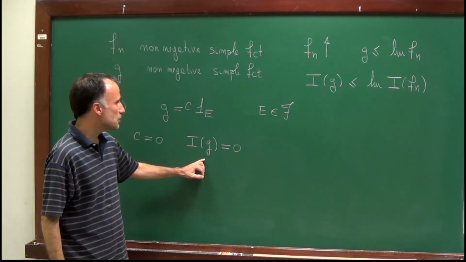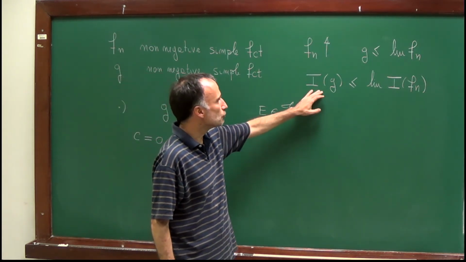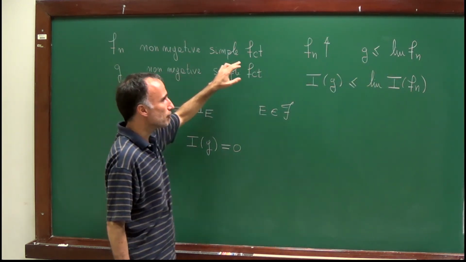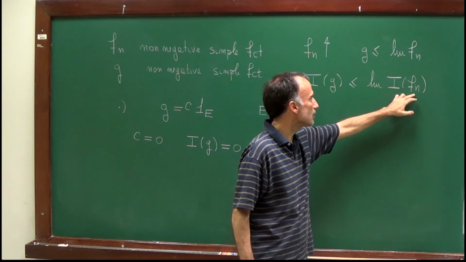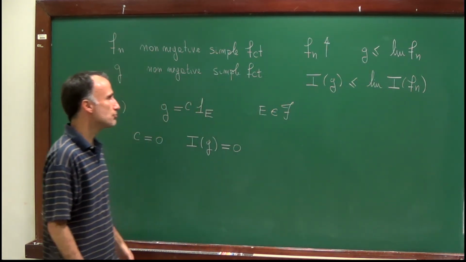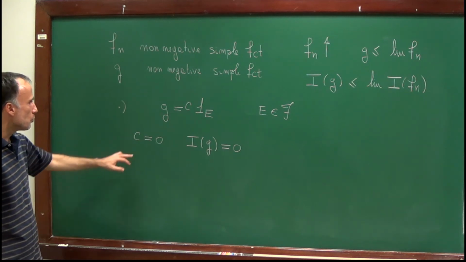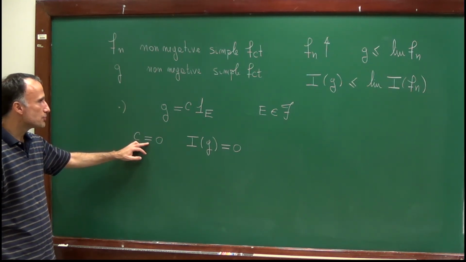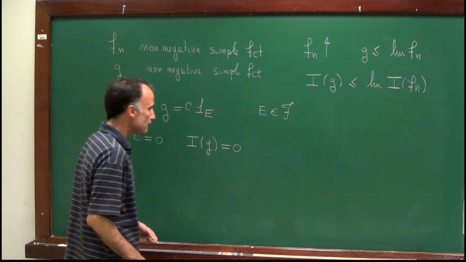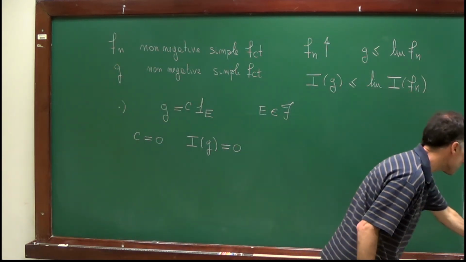And if the integral of g is 0, there is nothing to prove, because fn being non-negative simple functions, the integral of fn is larger or equal to 0, and therefore this inequality is trivially satisfied. So in the case c equal to 0, there is nothing to prove, and therefore I may assume that c is strictly positive.